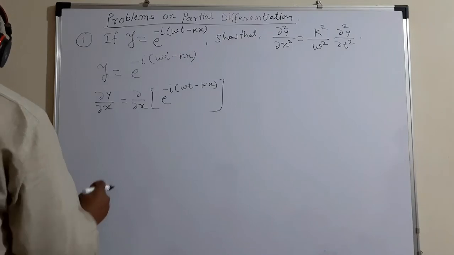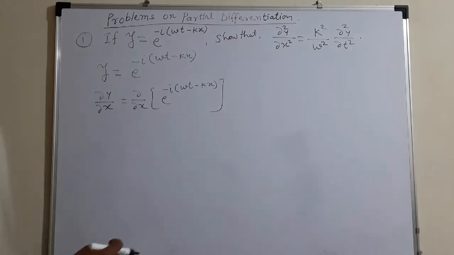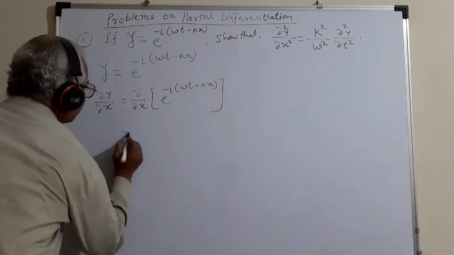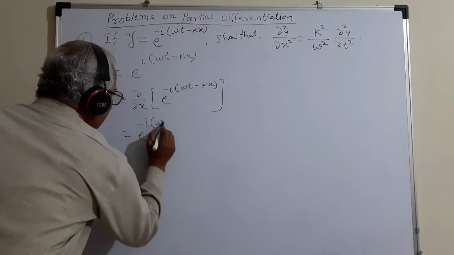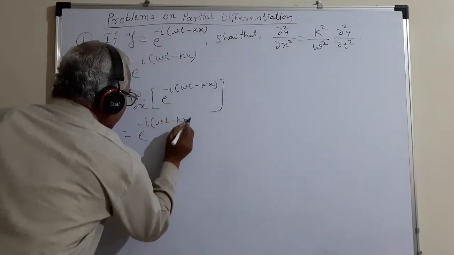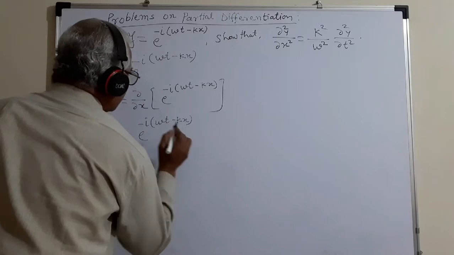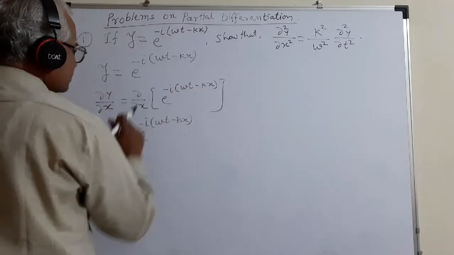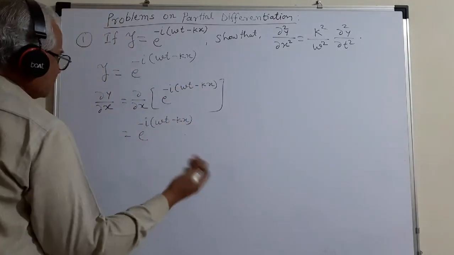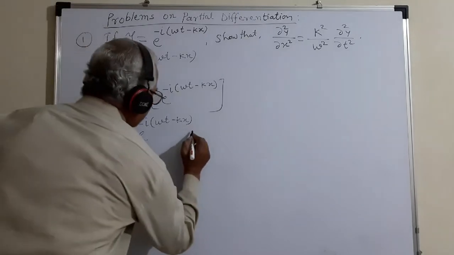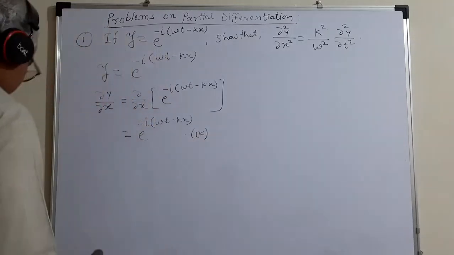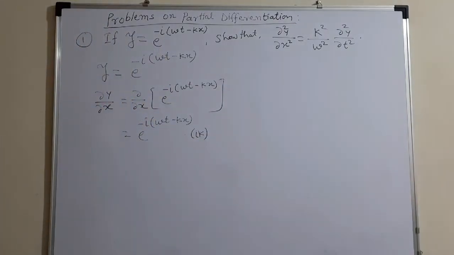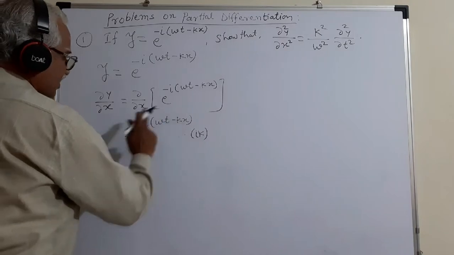The differentiation gives us e raised to minus i omega t minus kx as it is, into the differentiation of the power term with respect to x partially, which gives us ik, and this term is nothing but y.